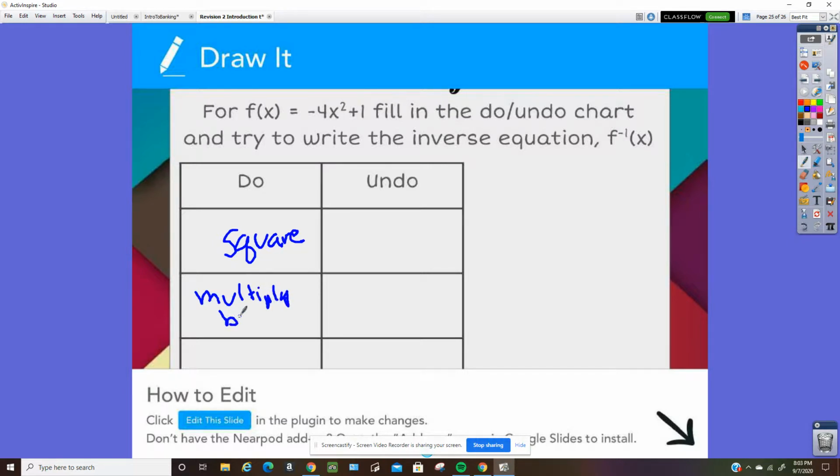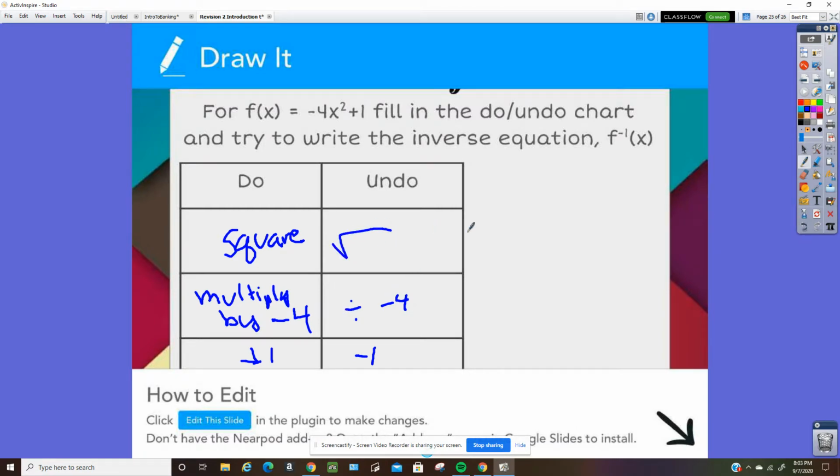And by -4. And then add 1. So over here, I'm going to subtract 1. Divide by -4. And then square root.